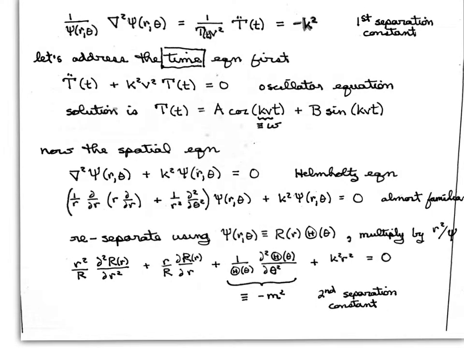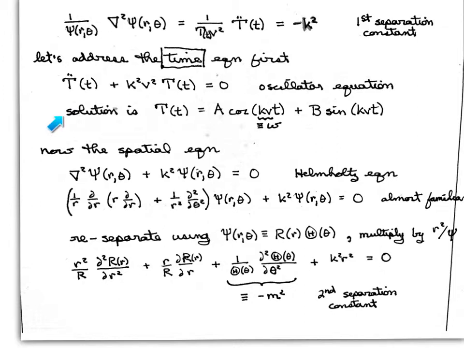So here we are with the equation we were just looking at, where we've achieved the first separation constant. Let's use the middle term and the right-hand term now to address the time part of the solution of the wave equation. We see that this piece of the equation can be written in this form, where it's clearly an oscillator equation.